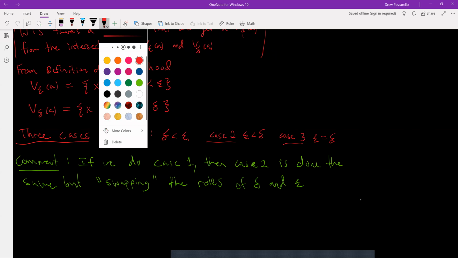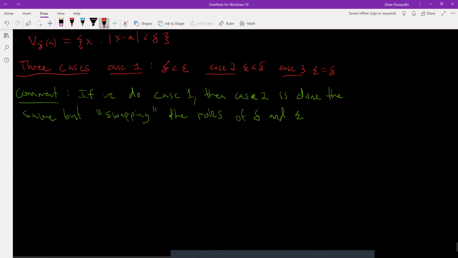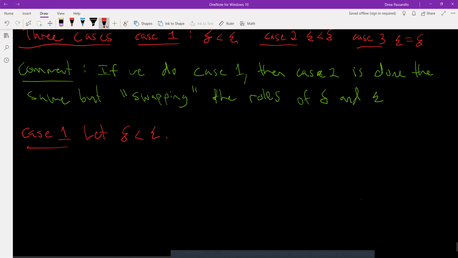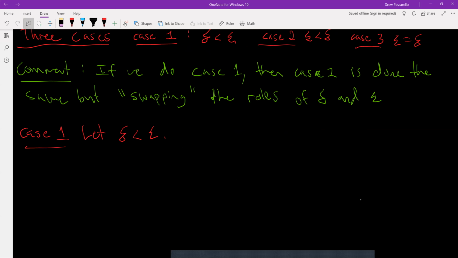Now for case one, let delta be less than epsilon. All right, and I'm going to choose gamma to equal delta.